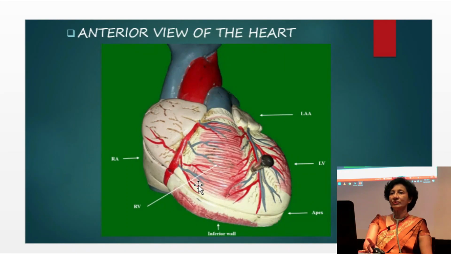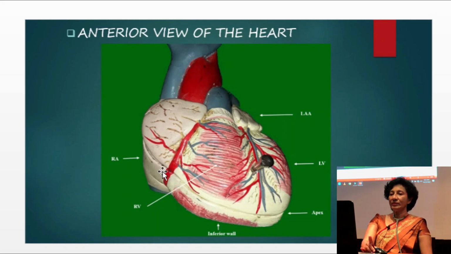That is wrong. Because of this position of the atrioventricular groove, at the base to the right you can see atria, then to the left you can see ventricles.